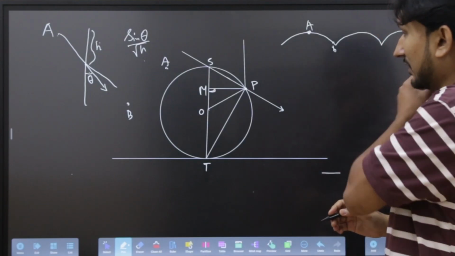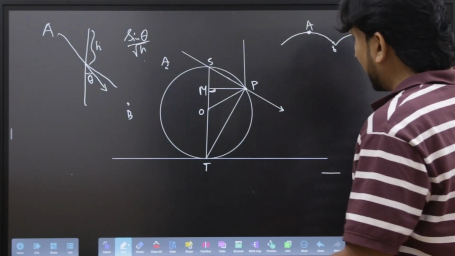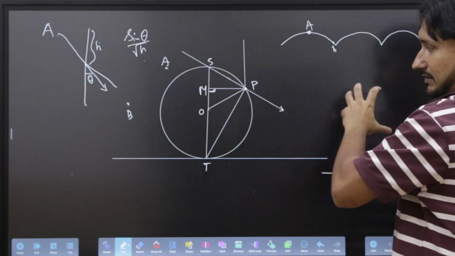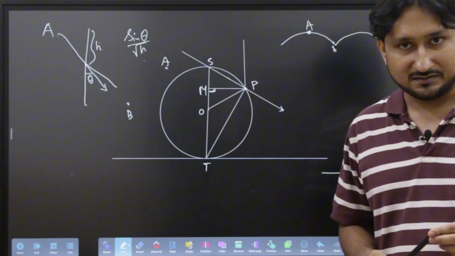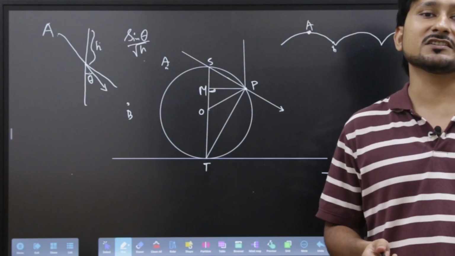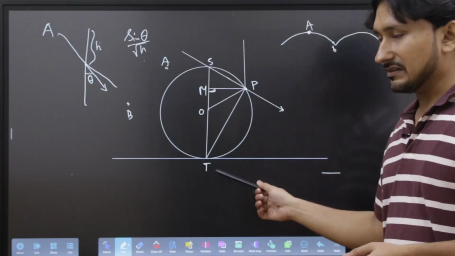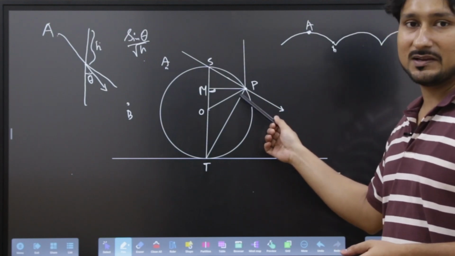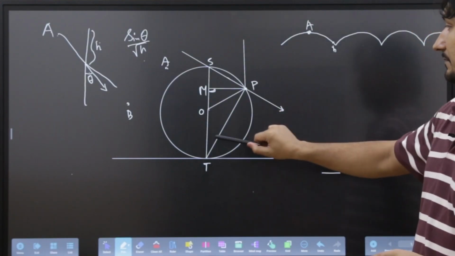Now we will note some other things. First of all, this motion, this rolling of the wheel forward, instantaneously it is a rotation. This idea should be very familiar to those of you who have studied rotational mechanics. What's happening is, at this instant, this motion of P is a rotational motion about T with radius equal to TP.